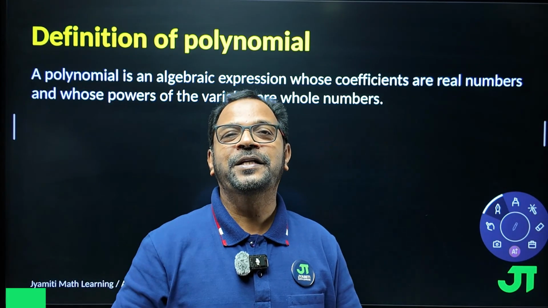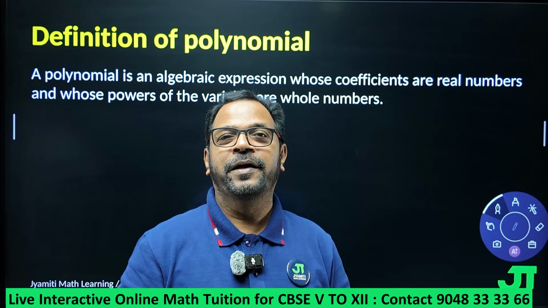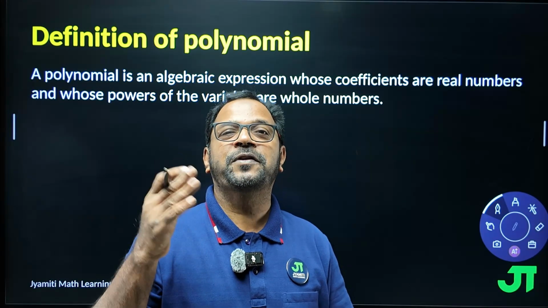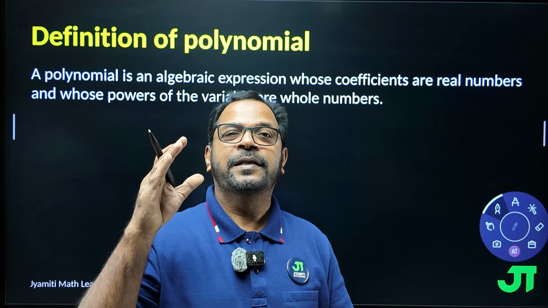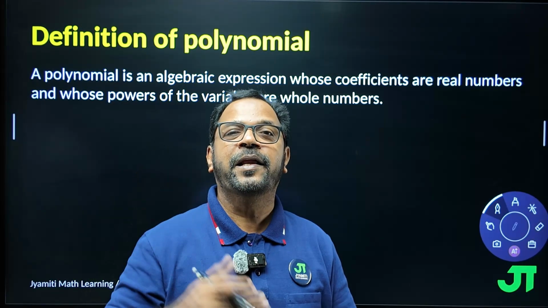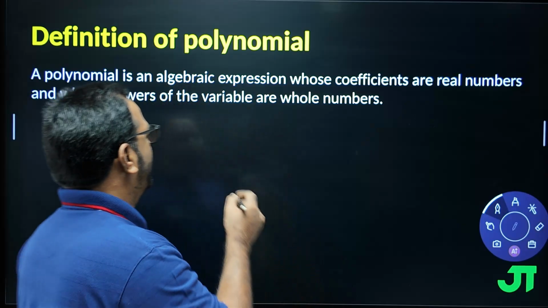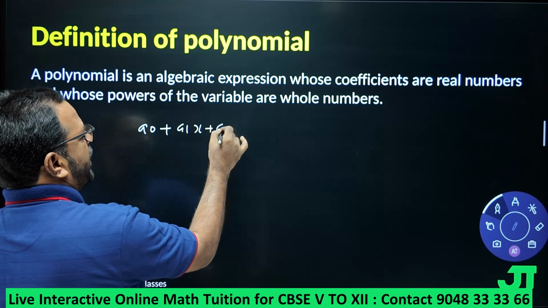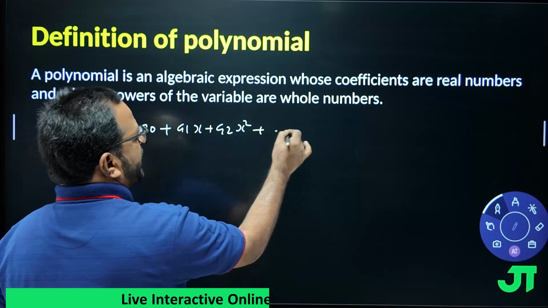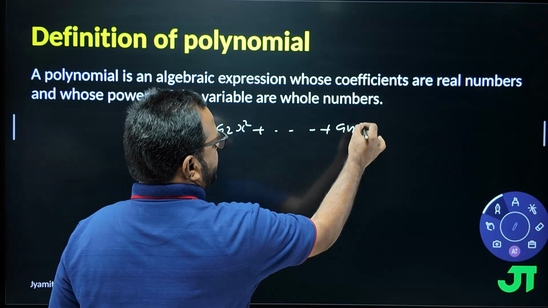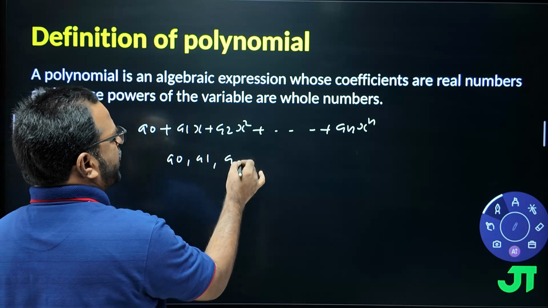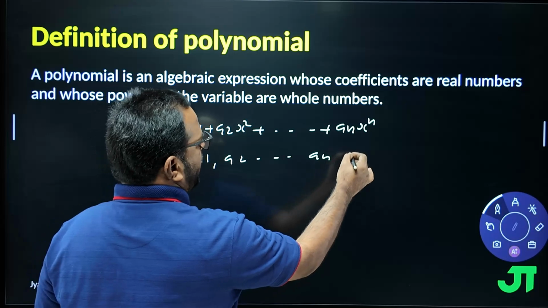A polynomial is an algebraic expression in which the power of the variables are whole numbers and the coefficients are real numbers. The standard form of an nth degree polynomial is a0 + a1x + a2x² + etc. + an xⁿ. Here a0, a1, a2, etc. an are real numbers.